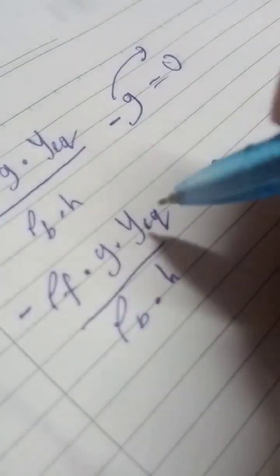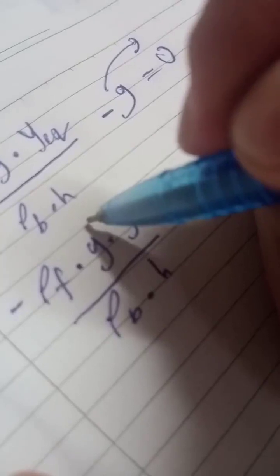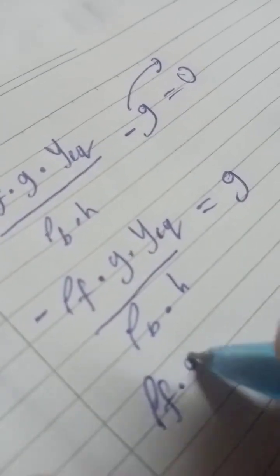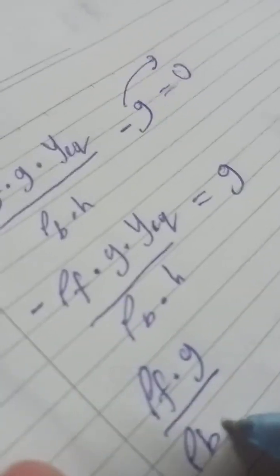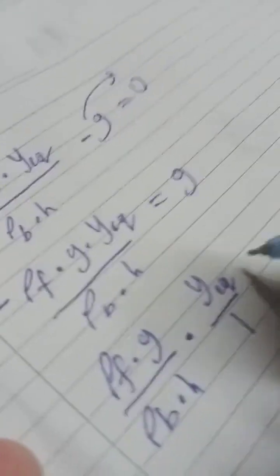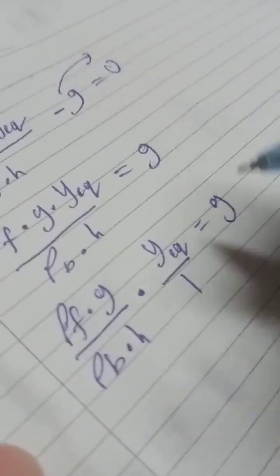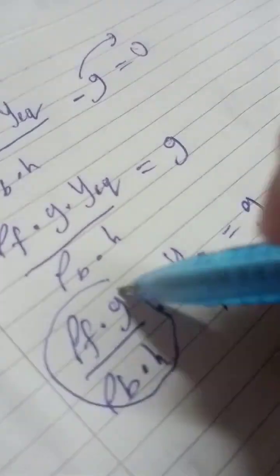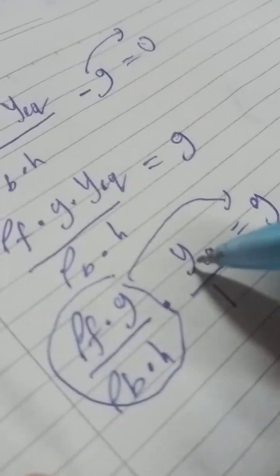So we move y equilibrium. Divide this, so rho f times g over rho b times h multiplied with y equilibrium over 1 is equal to g. So here you can move this to the right side and let y equilibrium be the subject.